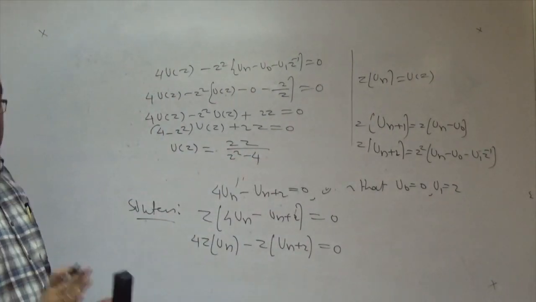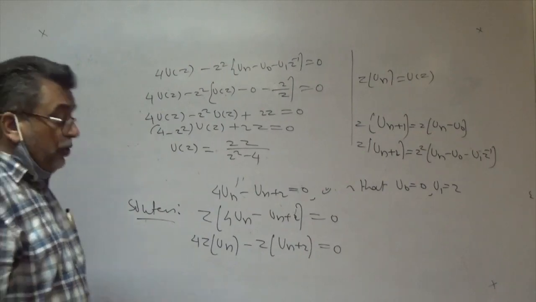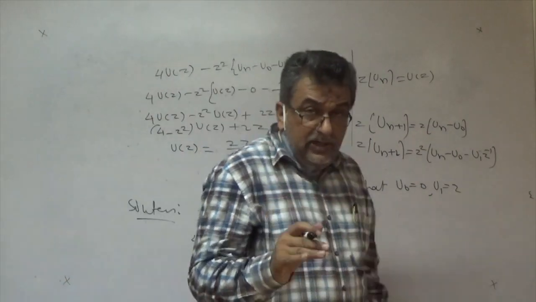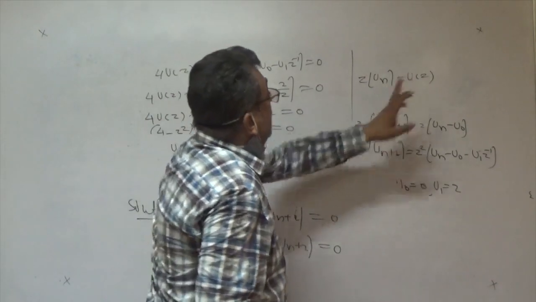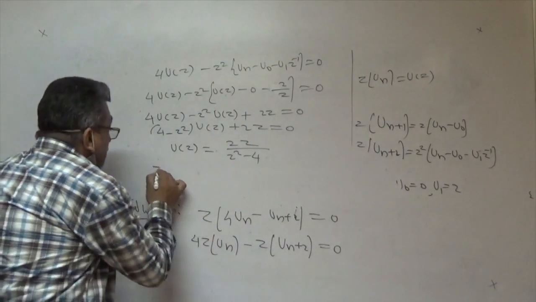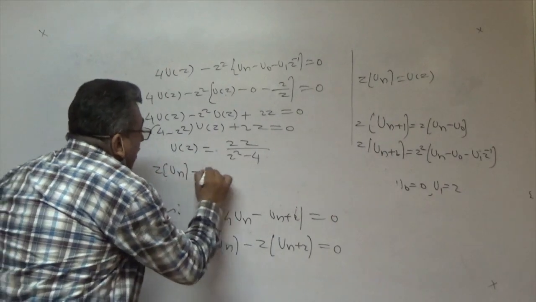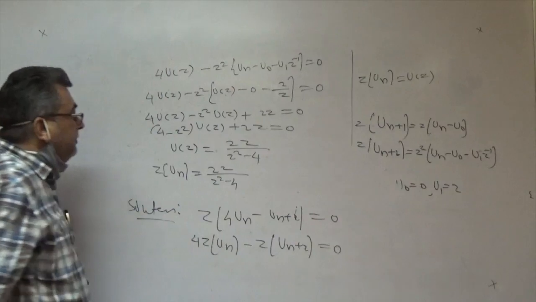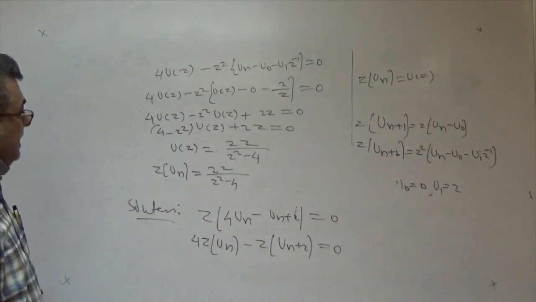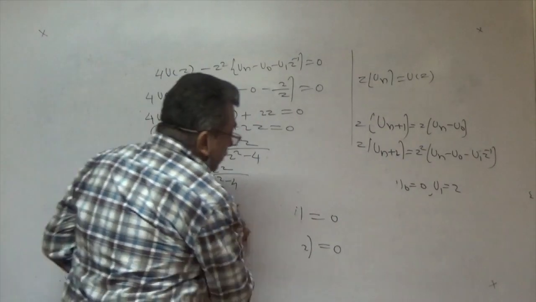Right? This is the value of U(z). So the second step: U(z) is the Z transform of u_n, so that is the Z transform of u_n equal to 2z upon z squared minus 4.